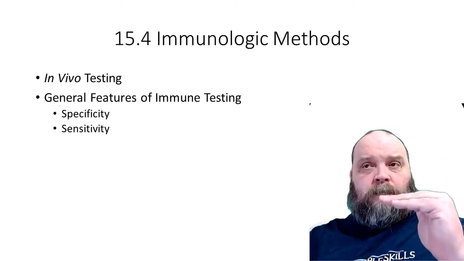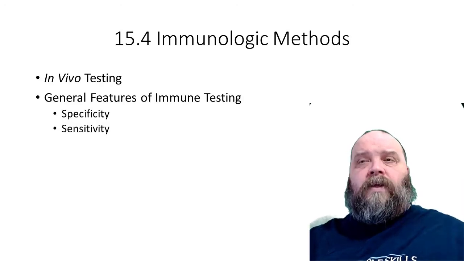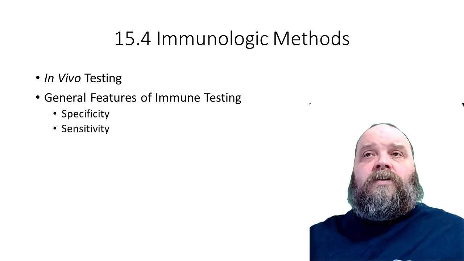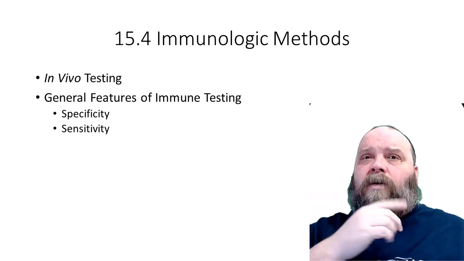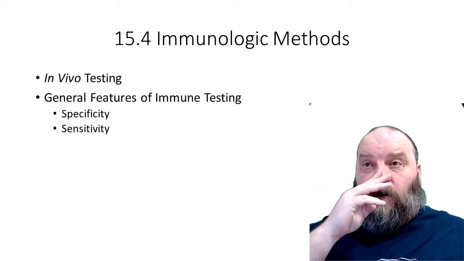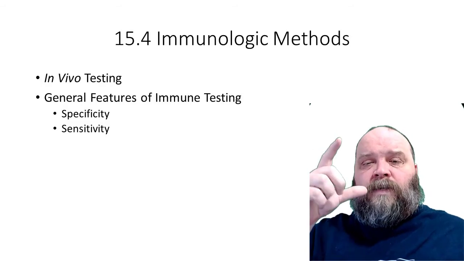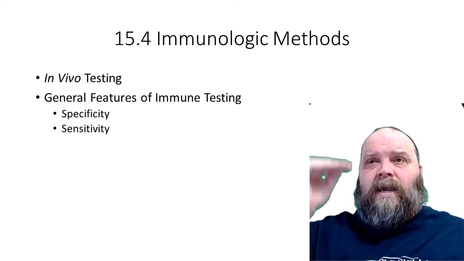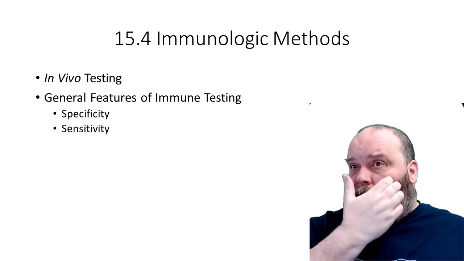Or you can lower the specificity, and we're just testing to see if this is E. coli or not. Sensitivity is such that, depending upon, are you doing a glass slide and you're looking with a microscope, or are you doing a Western blot, or are you testing for antibody titers? Sensitivity, you can raise and lower it depending upon what your threshold is.